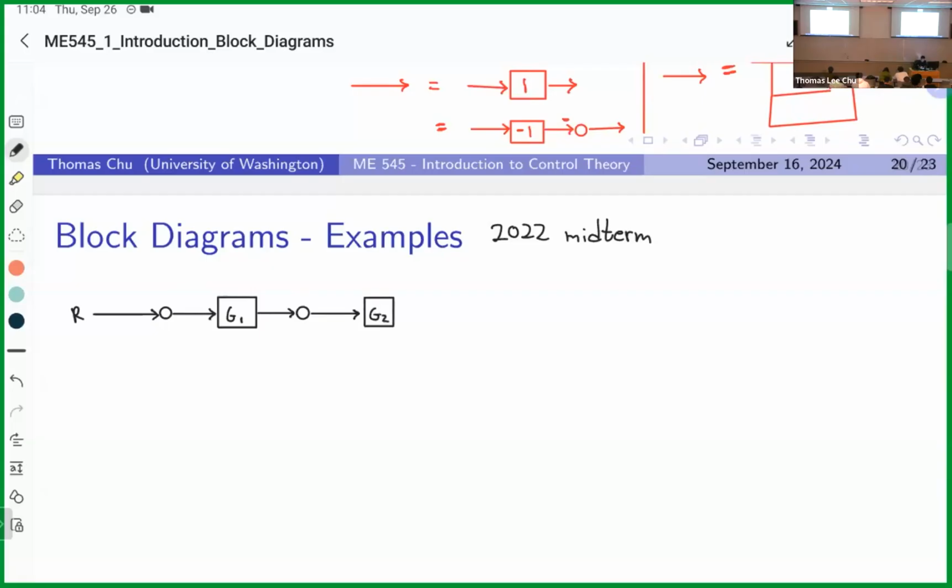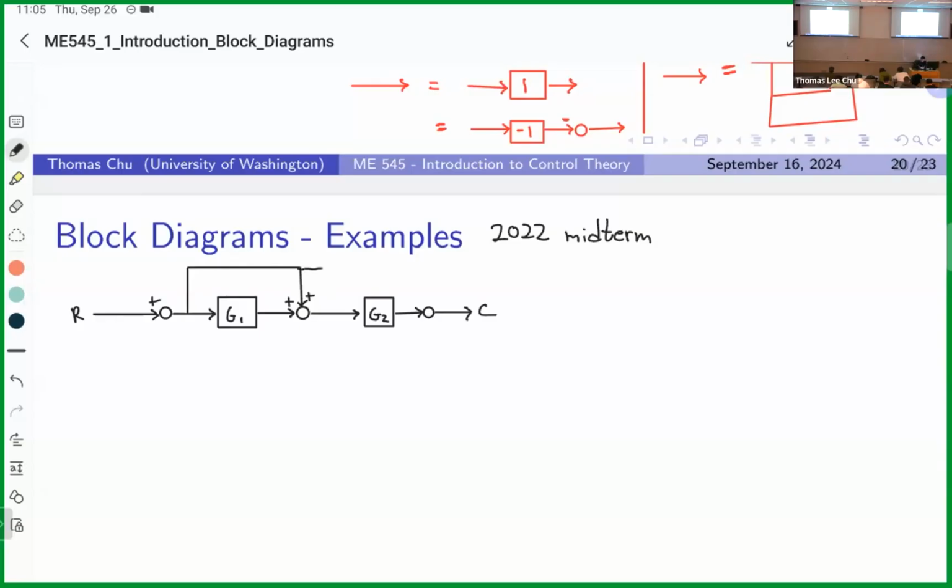We have G2 going into a third summing junction. And we have our output. And we have this signal here that is feeding forward into the summing junction. That's going to be a plus sign there.